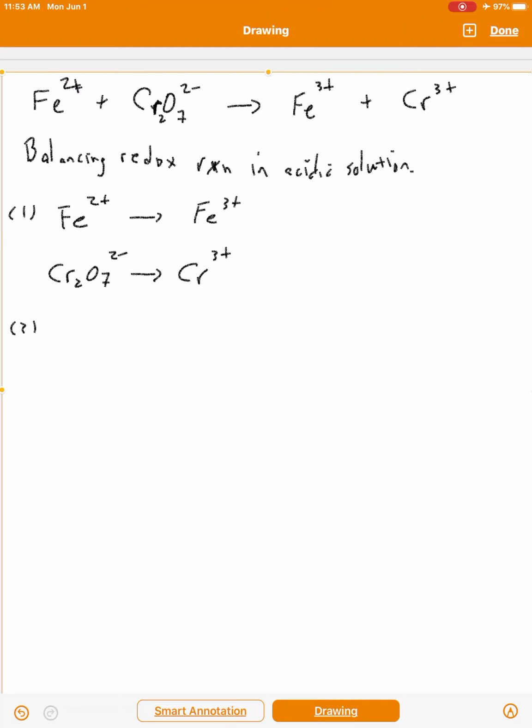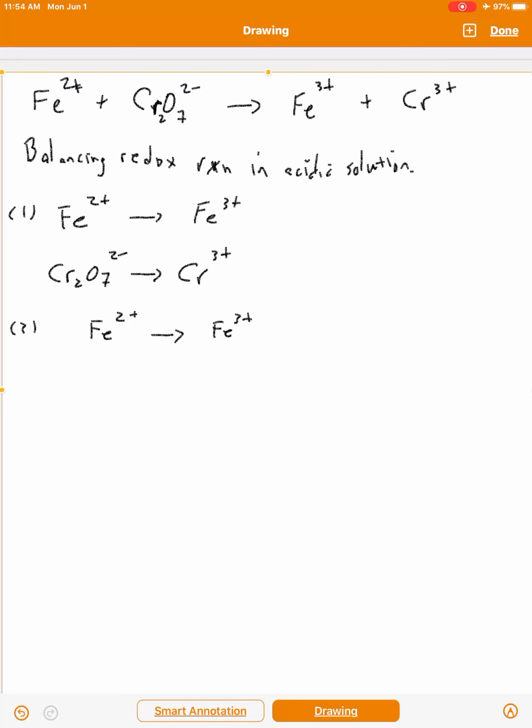And here's how you balance. You first balance by checking to see there's the same number of atoms on both sides. So for iron, again, I'm going to do this one first. How many atoms are on each side? There's 1, right? There's 1 iron on both sides, so that's balanced.